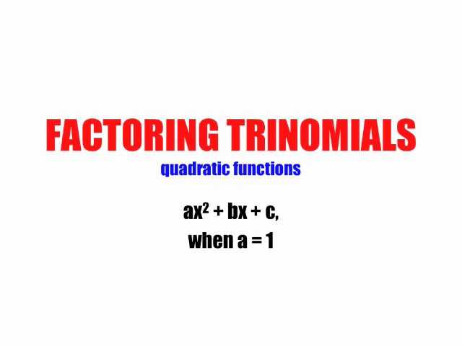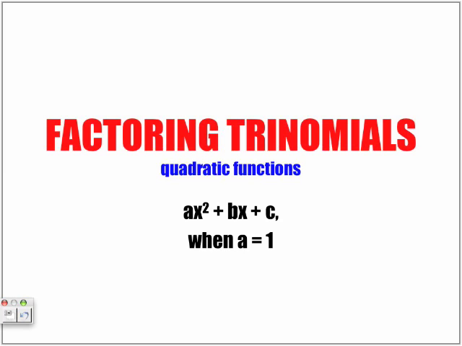Factoring trinomials, quadratic functions when our quadratic function is in the form of ax squared plus bx plus c, but only when a is equal to 1. So the most important factor in this is where a is equal to 1. In other words, this equation becomes x squared plus bx plus c.